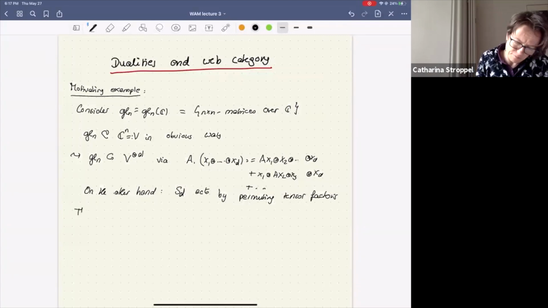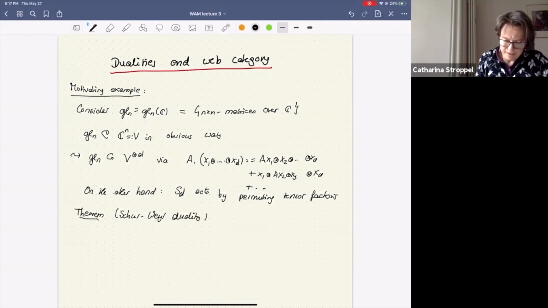And so there's the theorem, which Monica mentioned already, called the Schur-Weyl duality, which says the GL_n action and the symmetric group action commute.